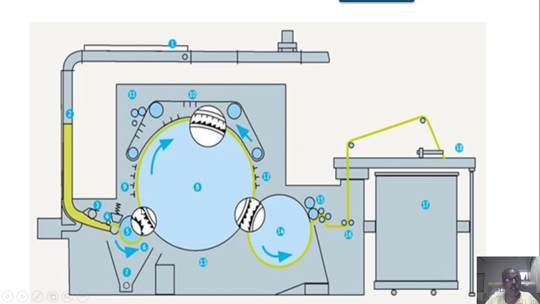This is a magnified view of the interaction between the licker-in wire and the cylinder wire. These are the stationary flats on the back side instead of the back plate, and these are the stationary flats on the front side.